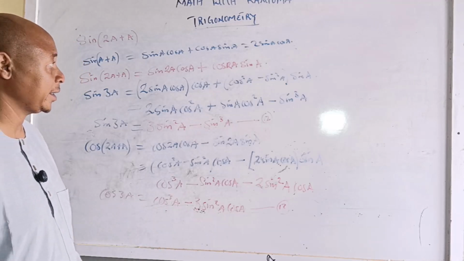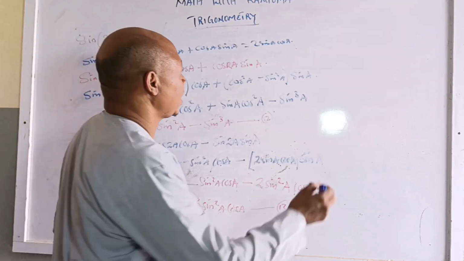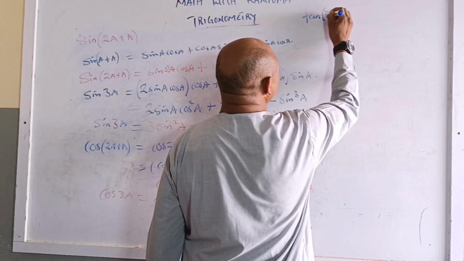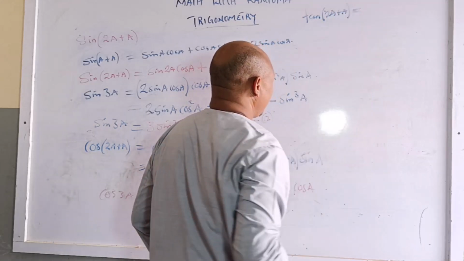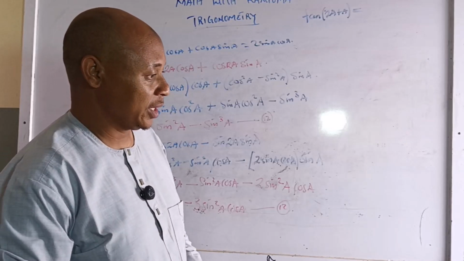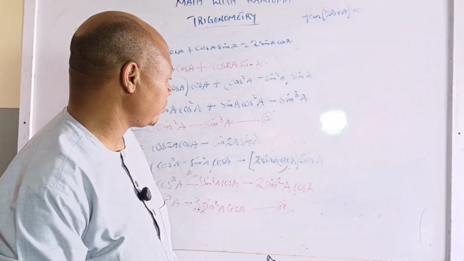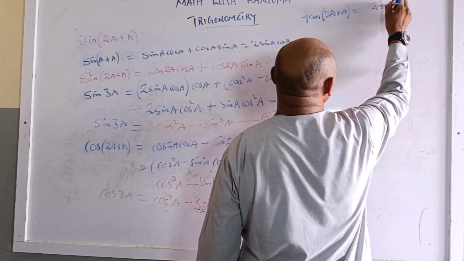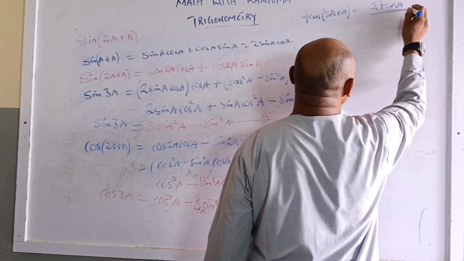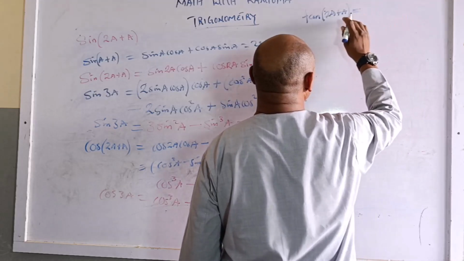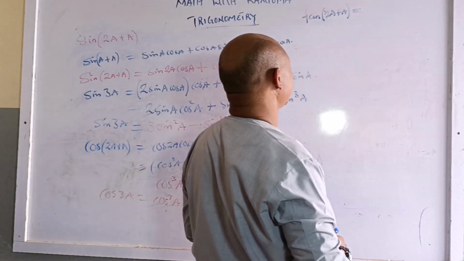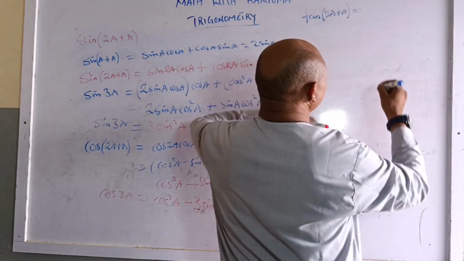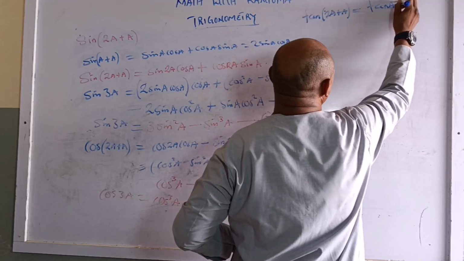So next is to derive the triple angle for tangent, meaning tan of 2A plus A. Remember our last class, we defined tan 2A first.